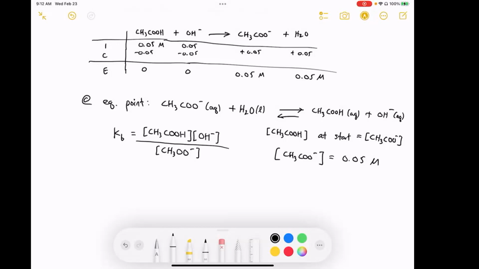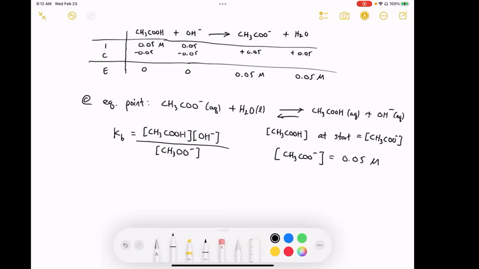Okay, so if that reacted, we use that initial concentration, right? We're going to figure out the concentration of the acid and the hydroxide that forms. So now we need to solve for Kb. We know our acetate ion should be 0.05 molar.